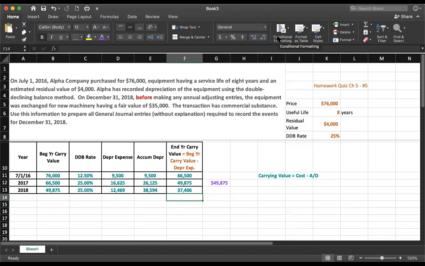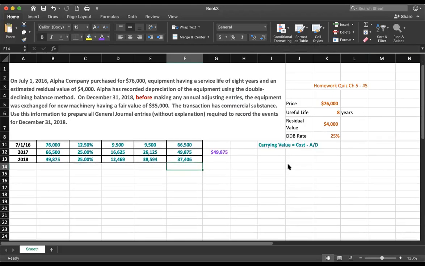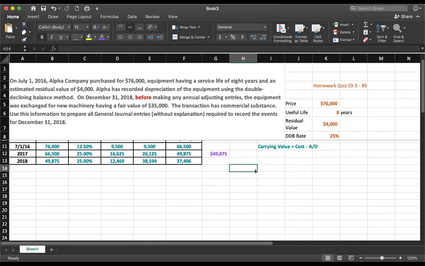So the first journal entry that we're going to need to prepare is the journal entry to record the depreciation for 2018. I'm just going to say here then the journal entries.